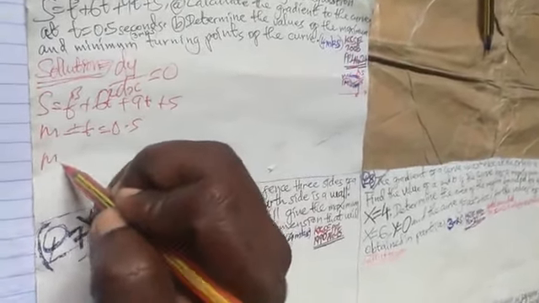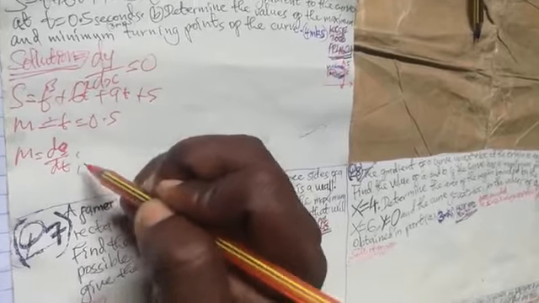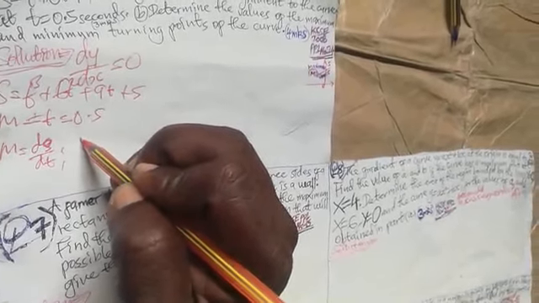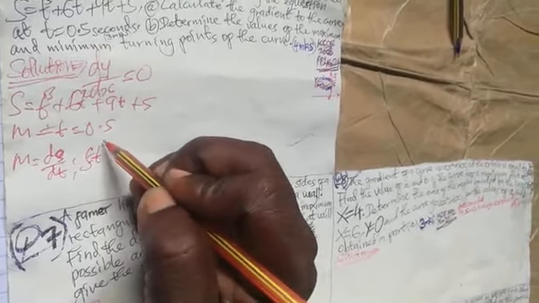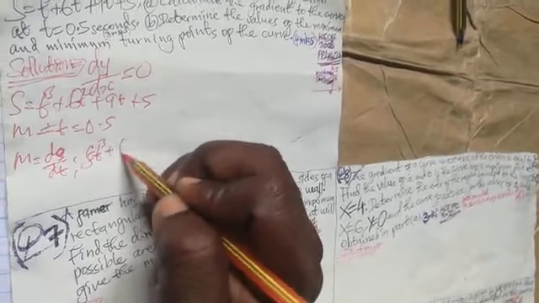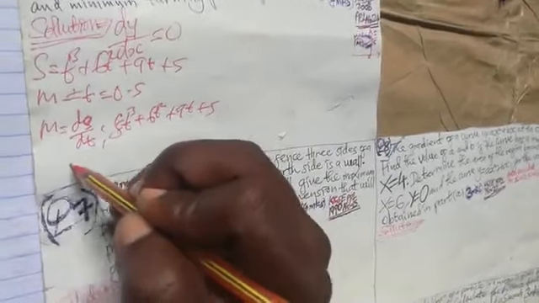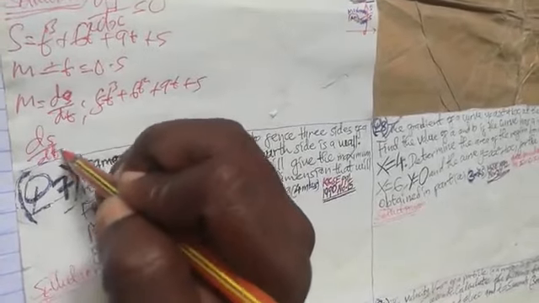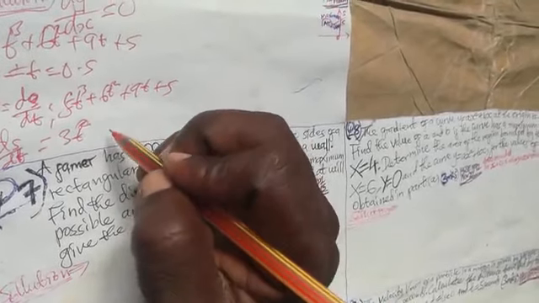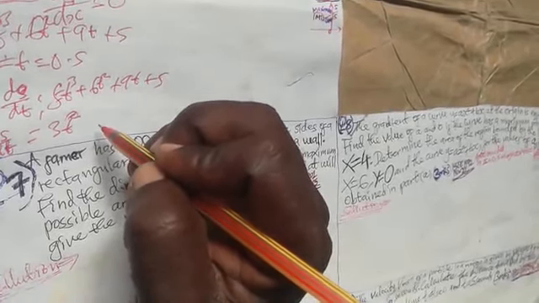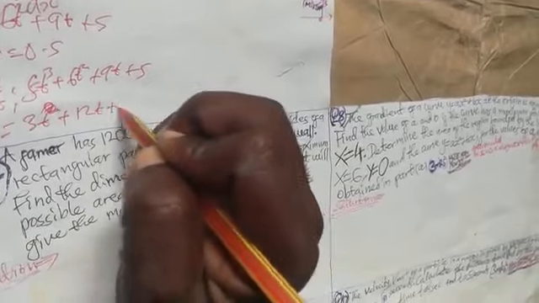Therefore, we differentiate ds/dt. This s is equivalent to t^3 + 6t^2 + 9t + 5, so ds/dt will be 3t^2 + 12t + 9.